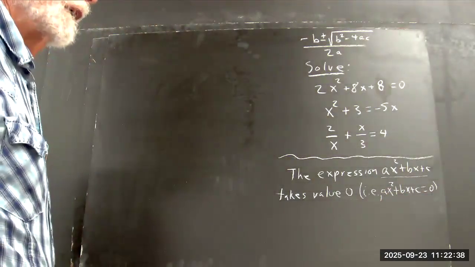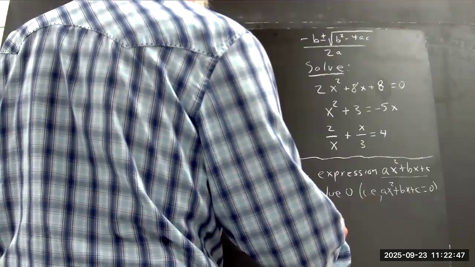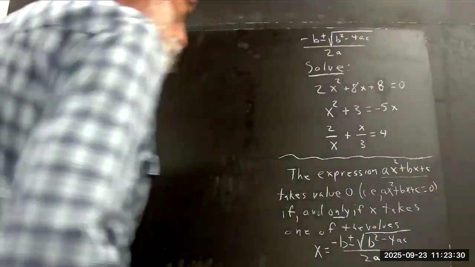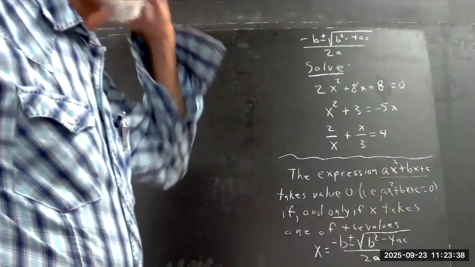That is, ax squared plus bx plus c equals 0 if and only if x takes one of the values negative b plus or minus the square root of the quantity b squared minus 4ac, all that divided by 2a.